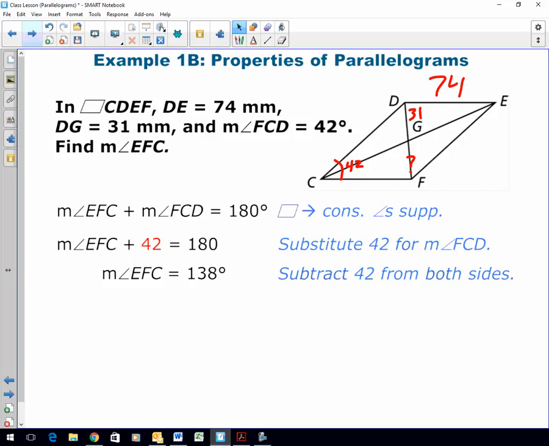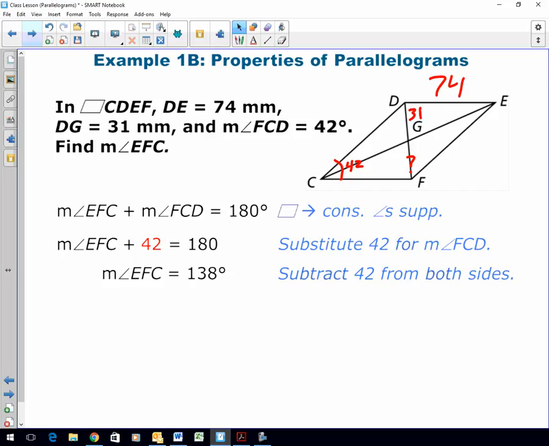What does sum mean? To add together, and it equals 180. So angle D plus angle E equals 180. Angle E plus angle F equals 180. Angle F plus angle C equals 180. That helps, because I'm trying to find angle F. So 42 plus angle F equals 180.